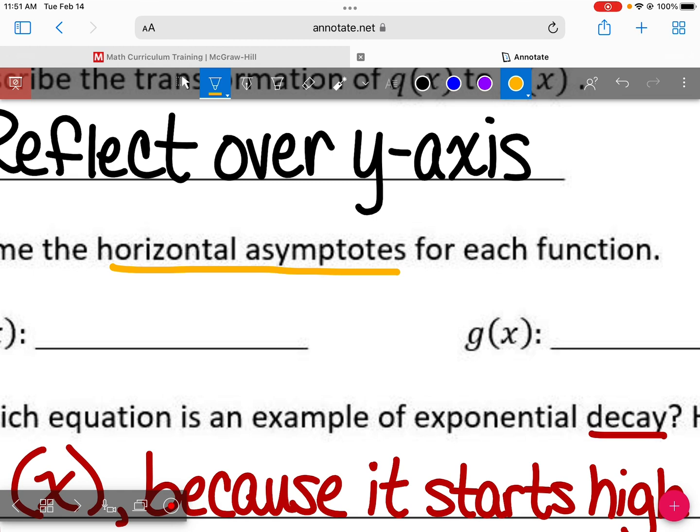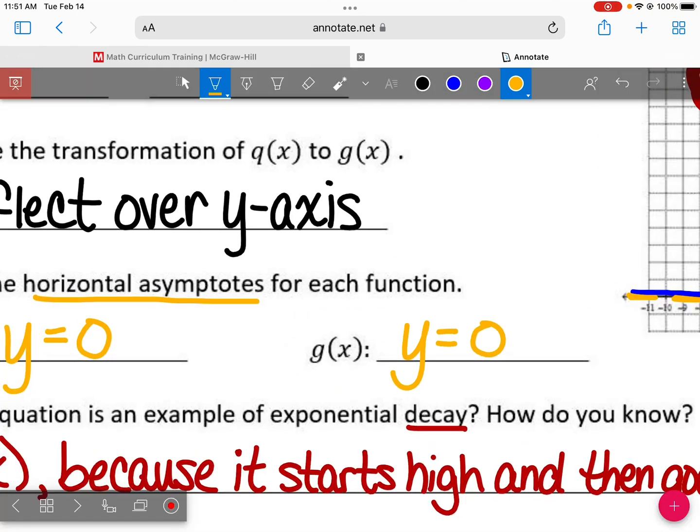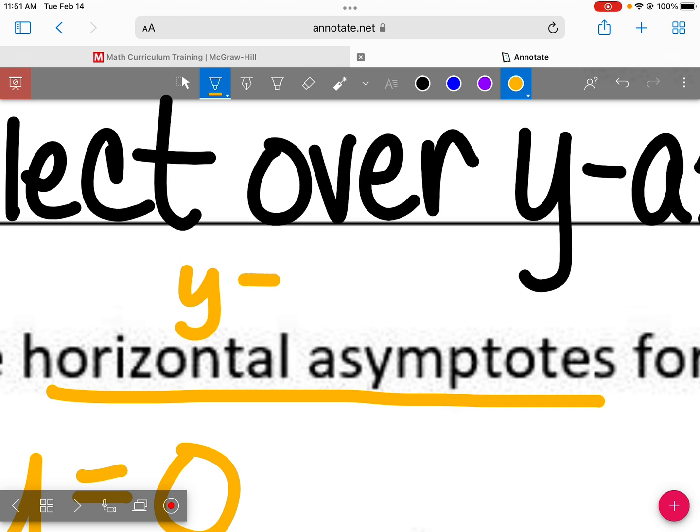I can't just write a number there. Y equals. So y equals 0. Neither of these are crossing that line. Horizontal asymptotes are always y equals. Is it always 0? It's always y equals k. Always y equals k.